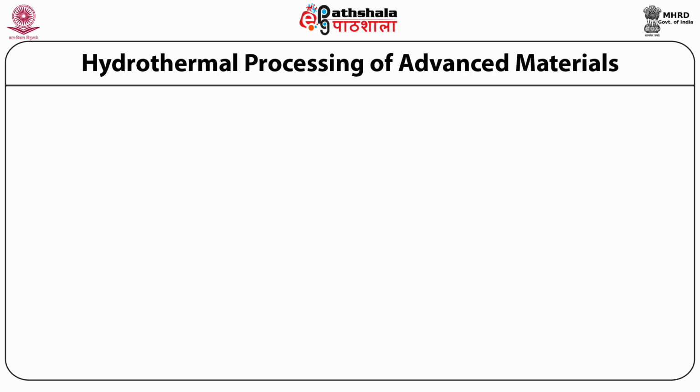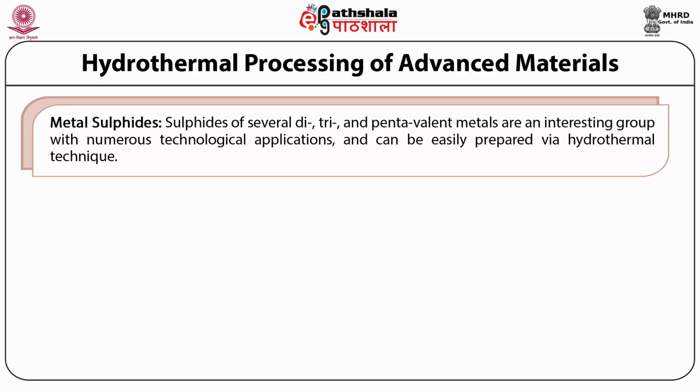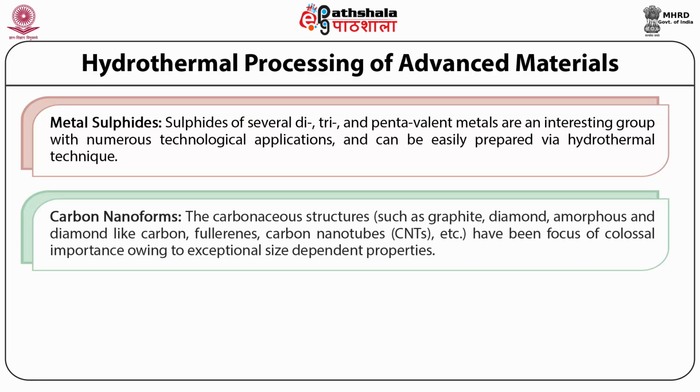Next, we consider the processing of metal sulfides. Sulfides of several di, tri, and pentavalent metals are an interesting group with numerous technological applications and can be easily prepared via the hydrothermal technique. Regarding the preparation of carbon nanoforms, carbonaceous structures such as graphite, diamond, amorphous and diamond-like carbon, fullerenes, carbon nanotubes, etc. have been the focus of colossal importance owing to exceptional size-dependent properties.